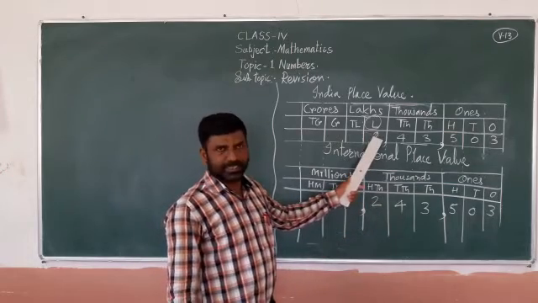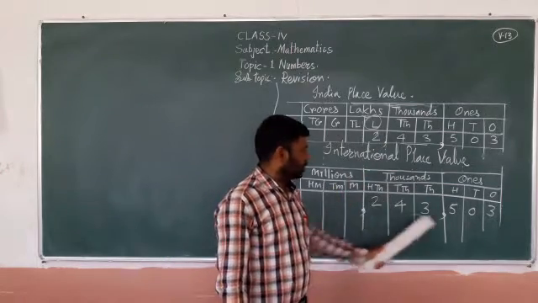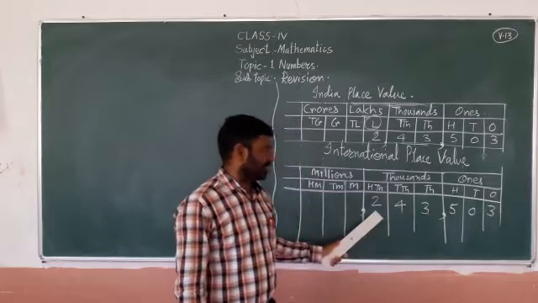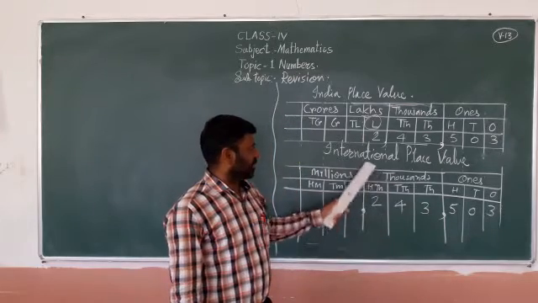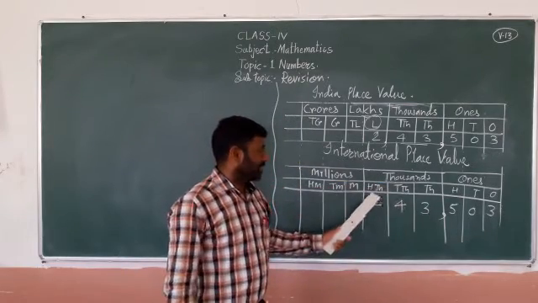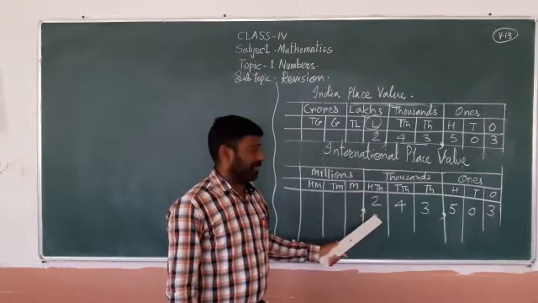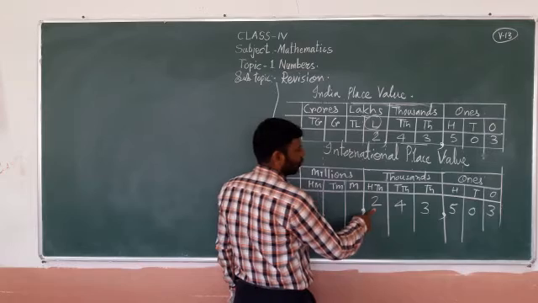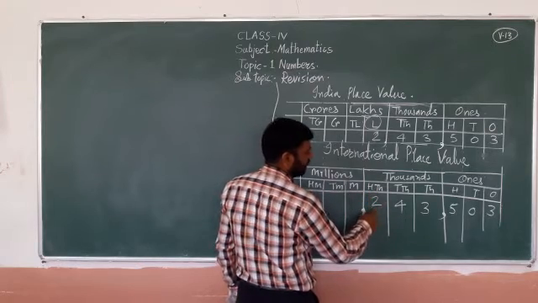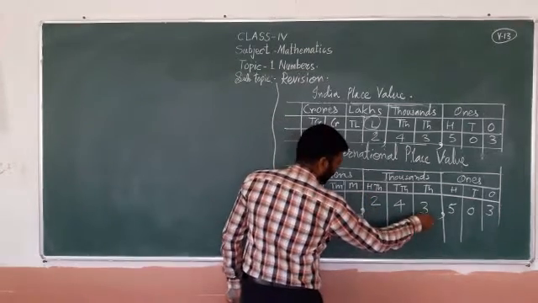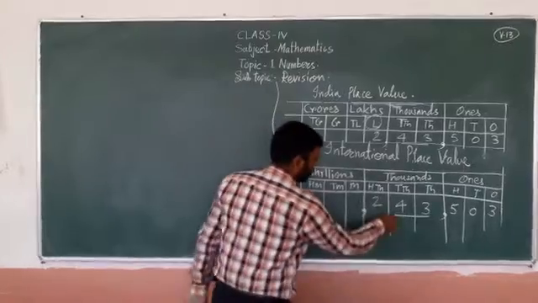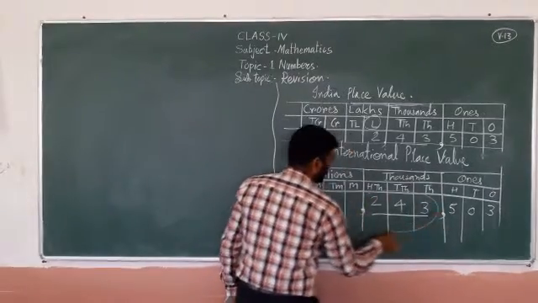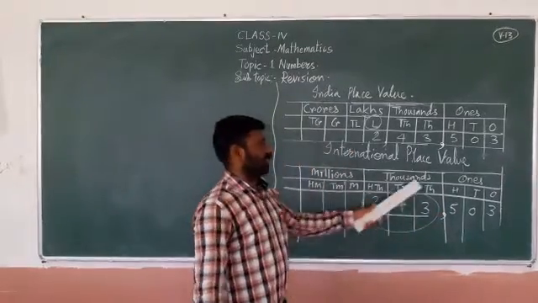Same number if we put in international place value. See, lakh is a 6 digit number, so count 1 2 3 4 5 6, 6 digit number. Which one is the 6 digit number in international place value? This is 100,000. 2 is in 100,000 place. So 243 is in thousands period.